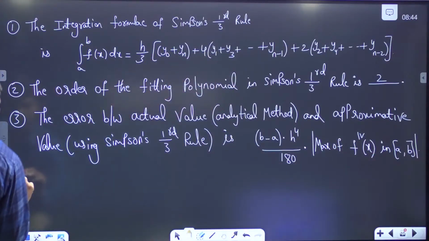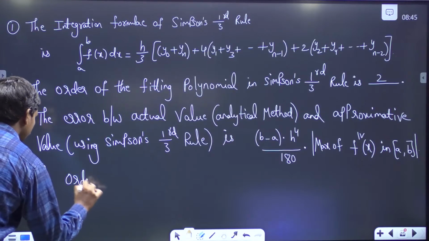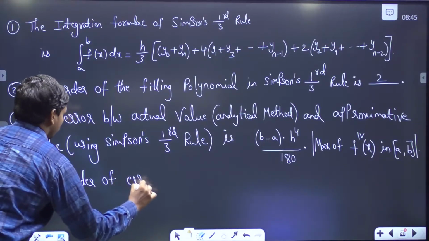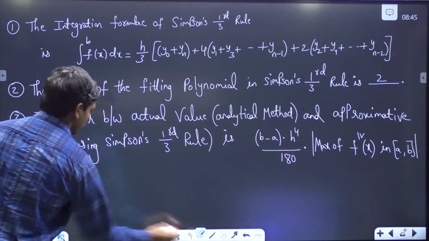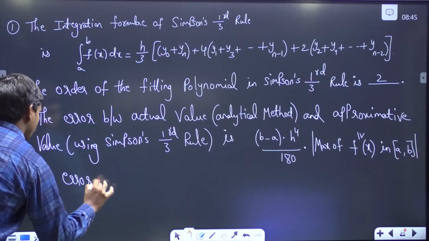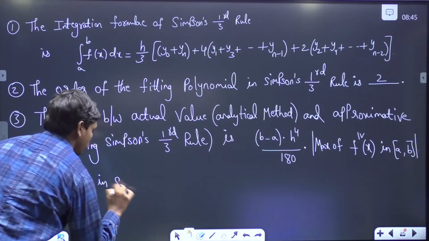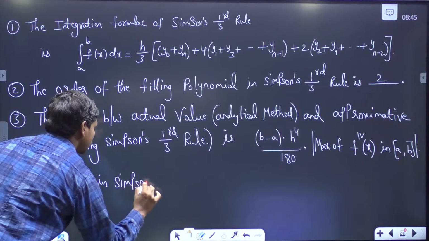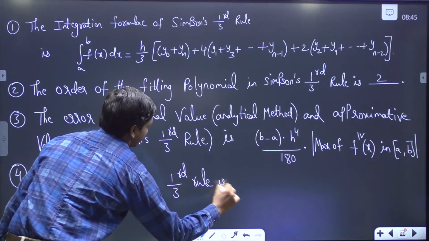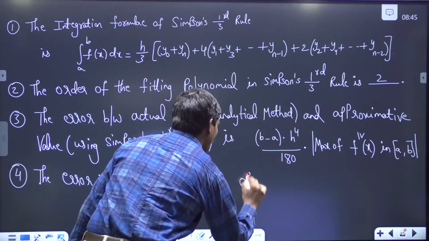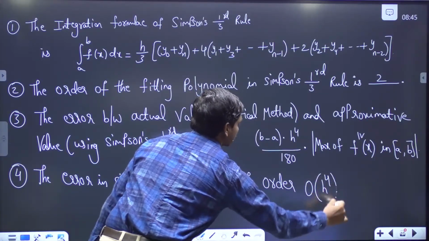So with this, we can say the order of error in Simpson's 1/3 rule is of order h power 4.